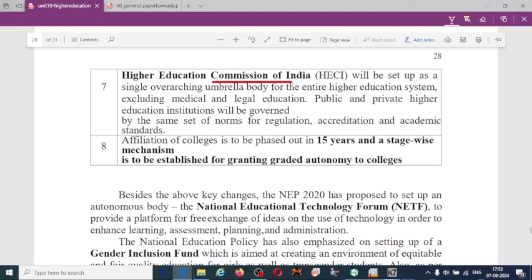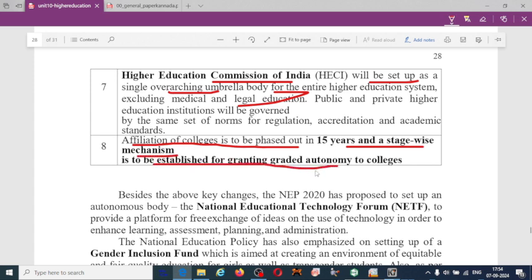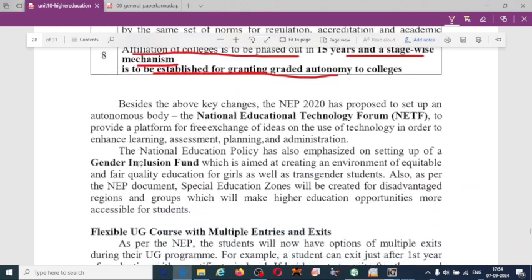Higher Education Commission of India will be set up as a single overarching umbrella body for the entire higher education system. Affiliation of colleges is to be phased out in 15 years and a stage-wise mechanism is to be established for granting graded autonomy to colleges.